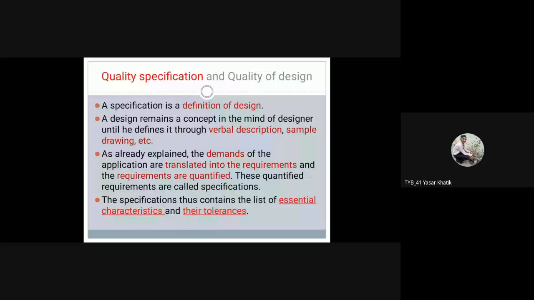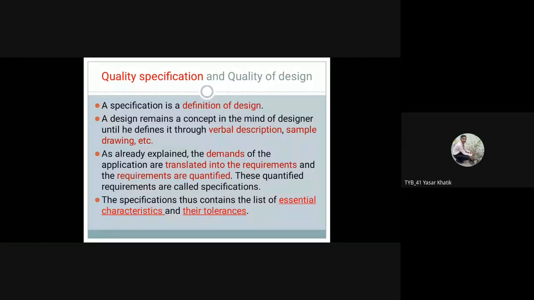Okay, these quantified requirements are called a specification. So whatever quantification regarding these products, that will be called your specification. In this specification, you can mention your raw material, dimensions, then whatever ISO standards. Okay, so that will be your specification.